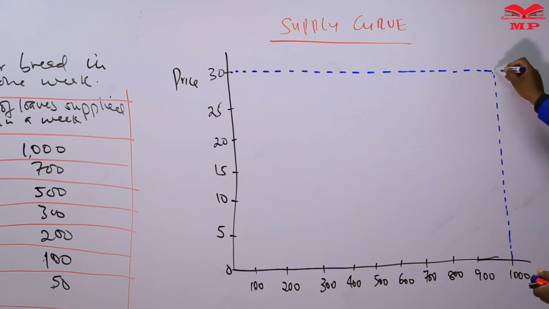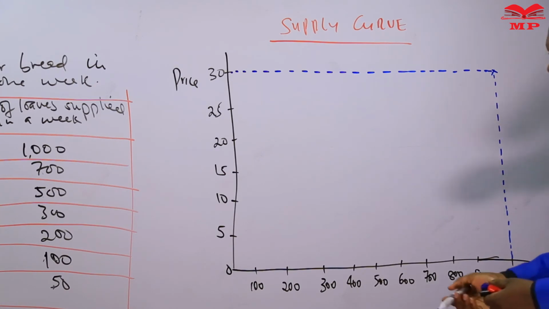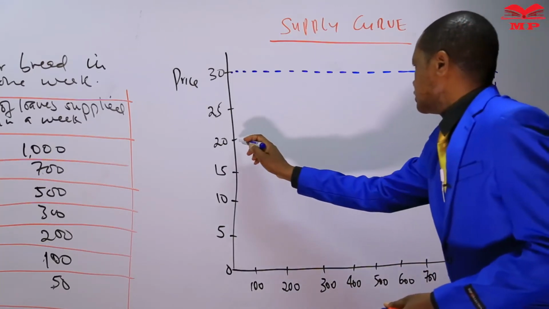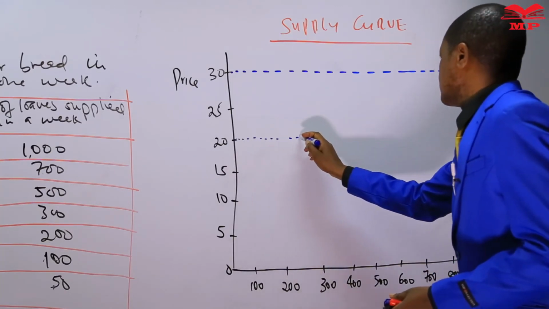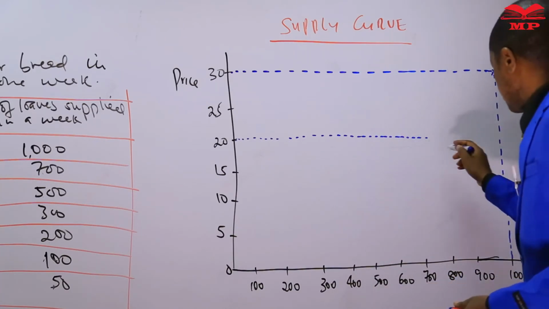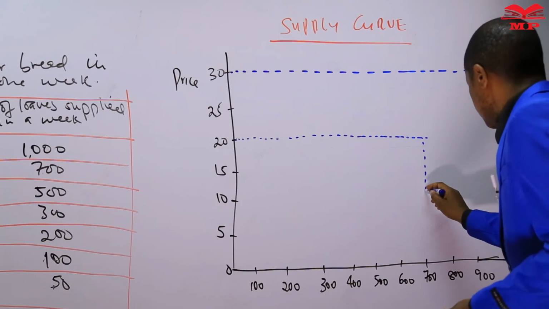So this is our first point. Then when the price is 20 shillings, the quantity supplied is 700.